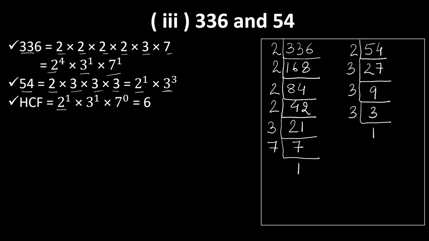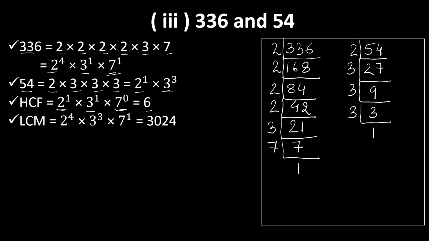So therefore we will write 3 raised to 1. Now in 336, 7 is occurring once but not at all in 54. So therefore we will write 7 raised to 0 here. If we multiply 2 raised to 1 into 3 raised to 1 into 7 raised to 0, we get 2 into 3, which is 6.